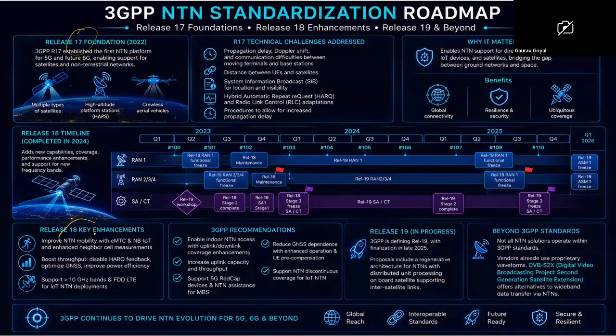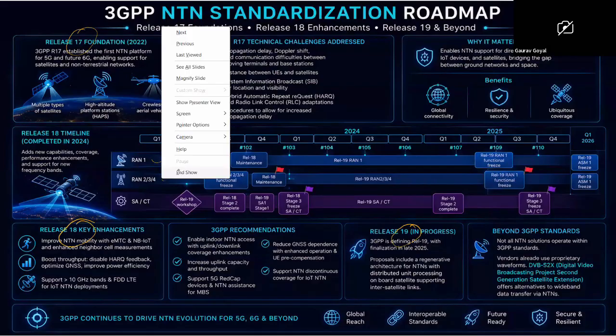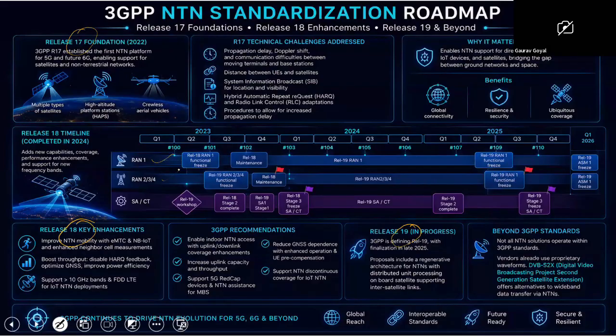What are the key enhancements in release 18, and also what are the enhancements in case of release 19, right? So we have RAN 1, which is for radio transmission and physical layer. Then we have RAN 2, 3, 4, which are related to protocols and network architecture, and SA. SA means system architecture, and CT means core network, right? So all these are the enhancements in each release.